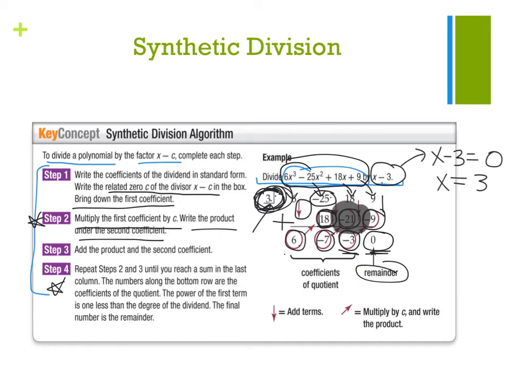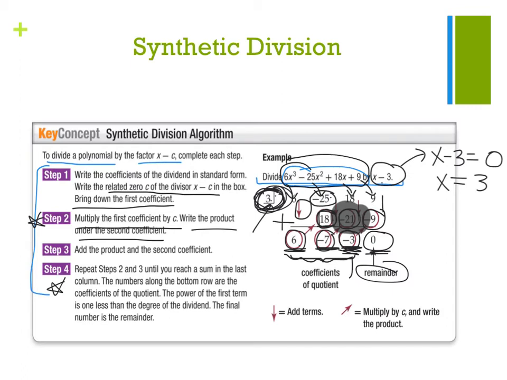Now, these numbers right here represent the coefficients of our quotient. So after the remainder, this negative 3 represents the constant, then negative 7 represents the x term, and 6 represents an x squared term. So as we move from right to left, from the remainder to the left, each term grows in degree.